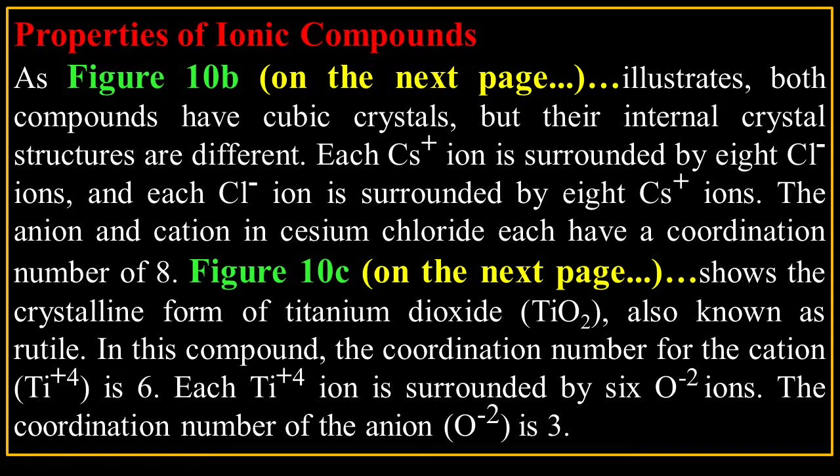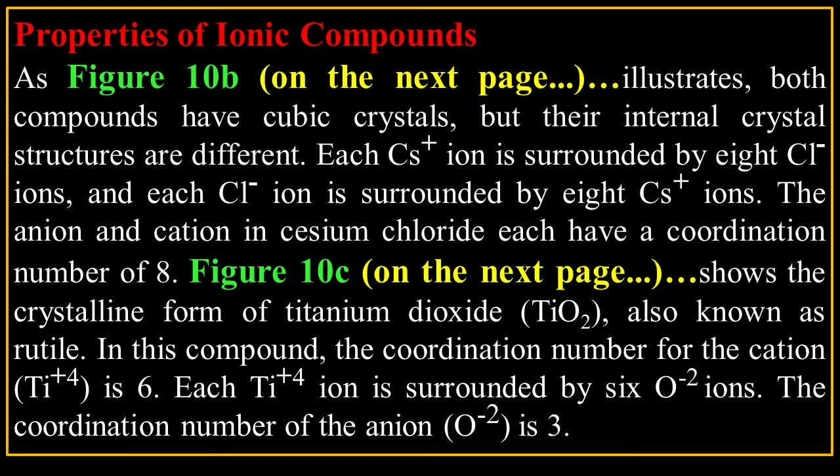Each cesium ion is surrounded by 8 chloride ions, and each chloride ion is surrounded by 8 cesium ions. The anion and cation in cesium chloride each have a coordination number of 8. Figure 10c on the next page shows the crystalline structure of titanium dioxide, TiO2, also known as rutile.